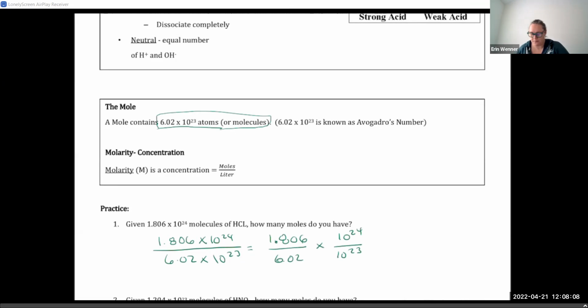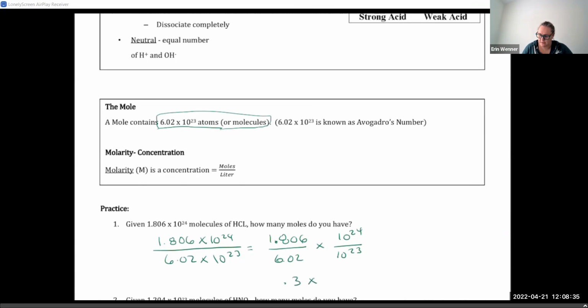It was coming back. So 1.806 divided by 6.02 gives us 0.3.